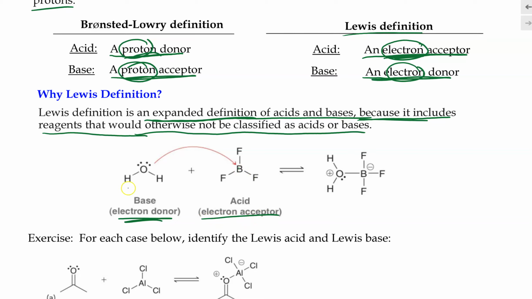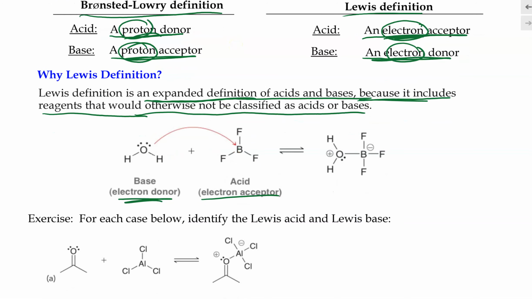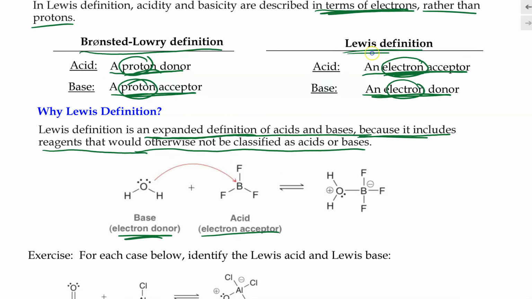So these two molecules will be classified as acid and base, and this is an acid-base reaction by the Lewis definition. But it would not be an acid-base reaction if we were to use the Bronsted-Lowry definition. So again, the Lewis definition is an expanded definition to include more reactions that otherwise would not be considered acid-base reactions by the Bronsted-Lowry definition.